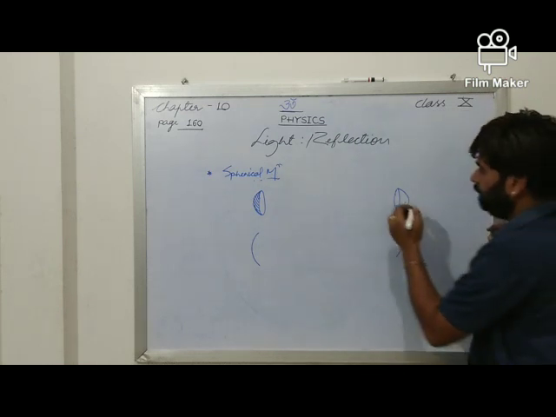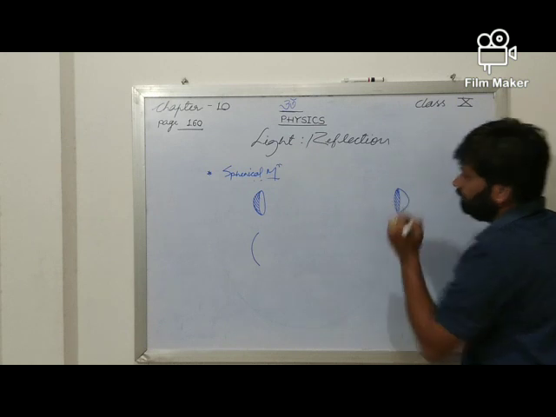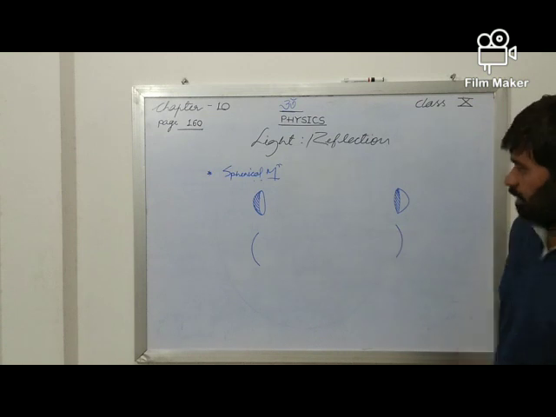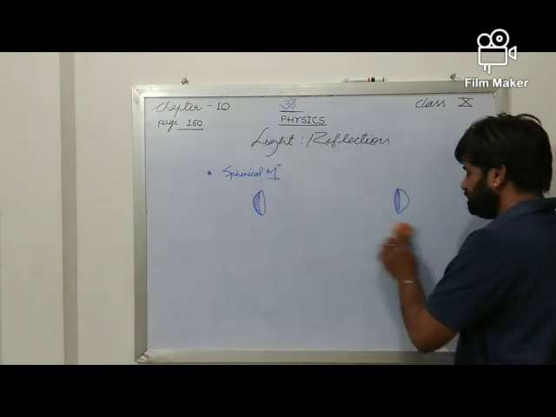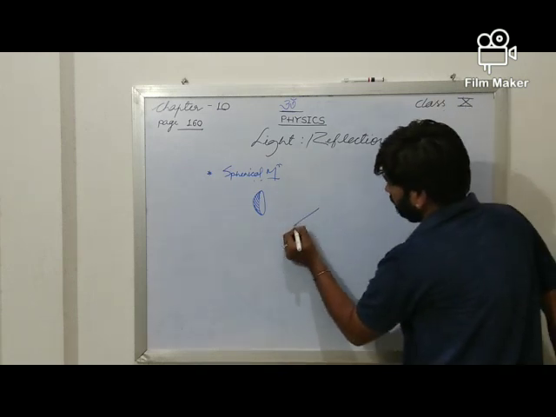In another one, the inner will be non-reflecting and the outer will be reflecting. So once I do this, two more concepts are generated, which distinguish these mirrors into two types, which we have already seen.